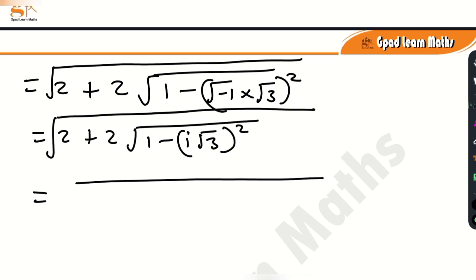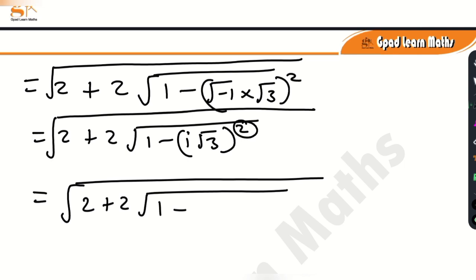The square root of 2 plus 2 root 1 minus. This square will be distributed to i and to root 3, so I'm going to write it like this: i squared times root 3 all squared.